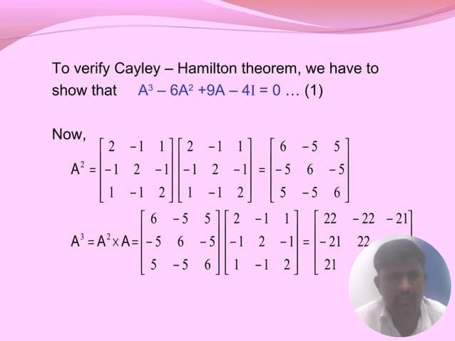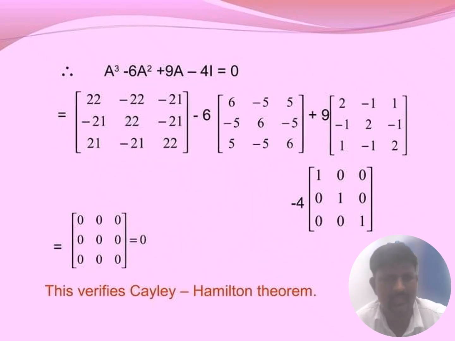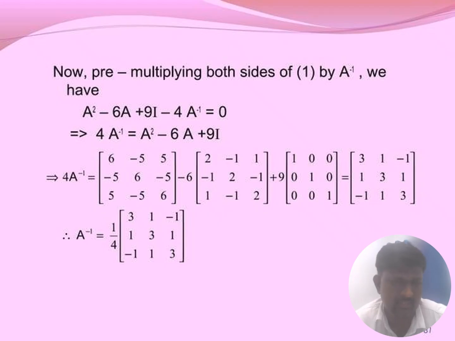Now we can find the A cube value. Before that, we should find the A square value. A square is nothing but A into A, and also find the A cube value. Then substitute in the LHS A cube minus 6A square plus 9A minus 4I. The answer will be the null matrix, that is 0. This verifies the Cayley-Hamilton theorem.